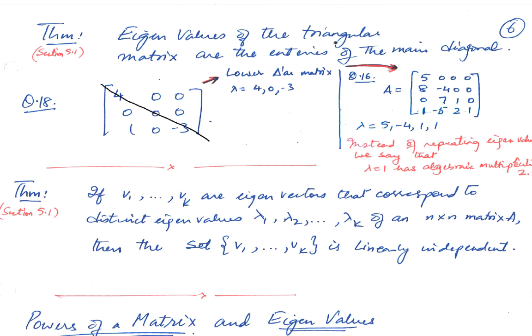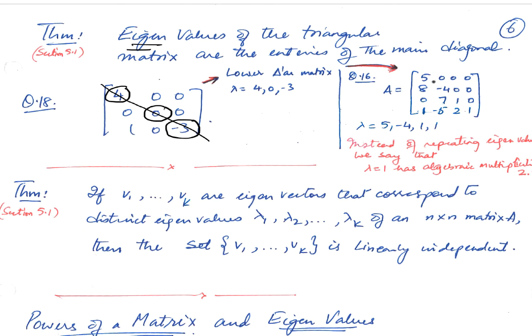This will make our life so simple because when you're looking at eigenvalues, you just look at the values on the diagonal. So they automatically become our eigenvalues: 4, 0, minus 3. And remember, if an eigenvalue is 0, that means this matrix is not invertible.